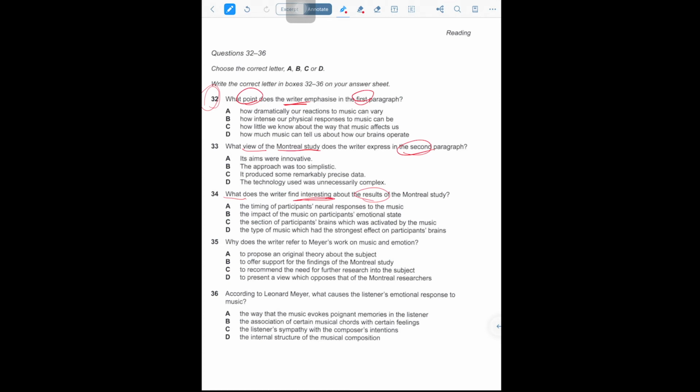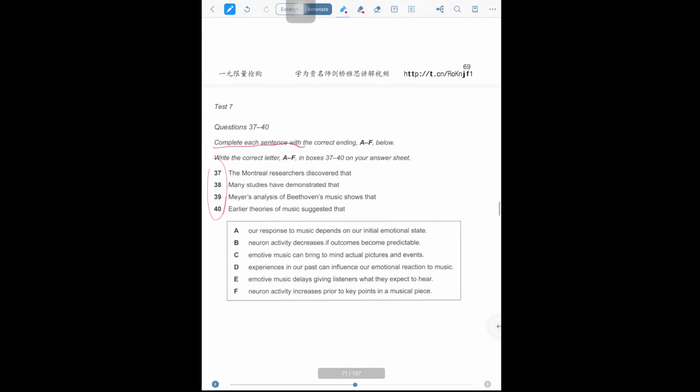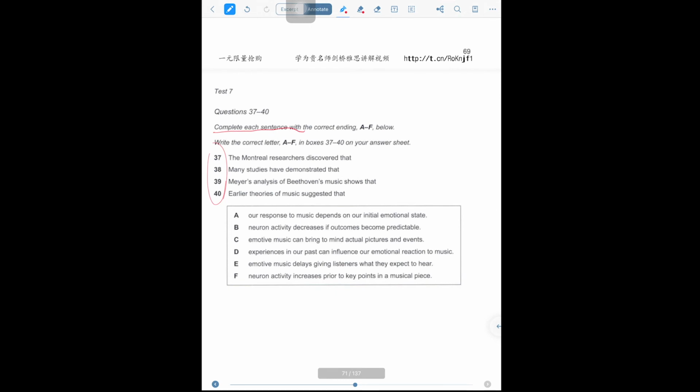Okay. Why does the writer refer to this person? Music and emotion. According to this mayor, what causes the listener's emotional response to music? According to this person, what causes the response to music? Okay. Complete each sentence.